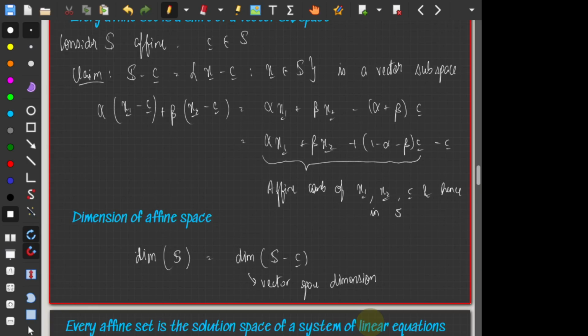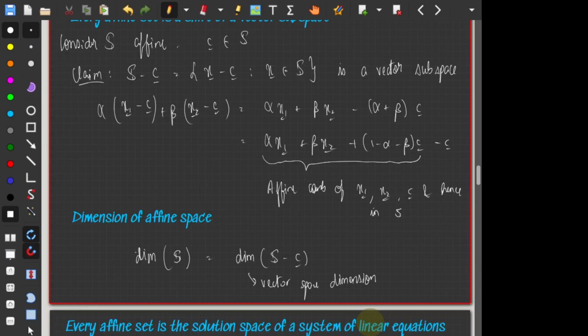Yeah, it's an intersection of lines. So it's either empty, or it can consist of a single point, or it could be all of R2, or it's a straight line, not necessarily passing through the origin. So at least in R2, we see that it's fairly clear that every affine set that we can think of is the solution space of a system of linear equations.